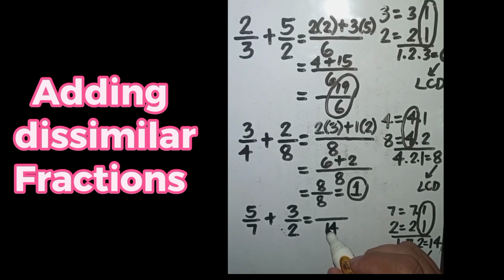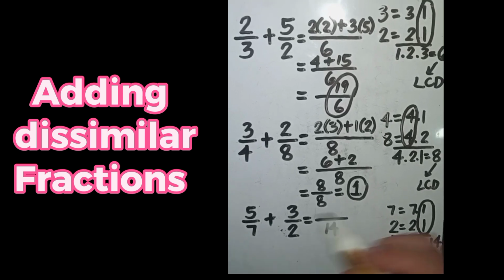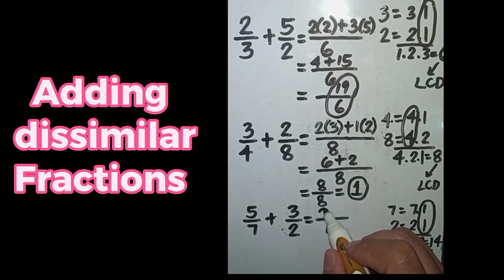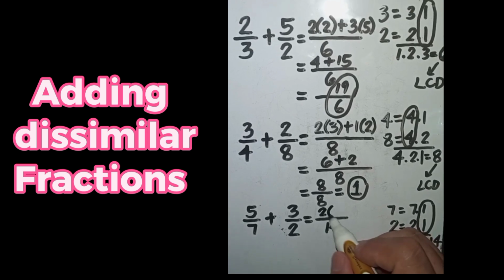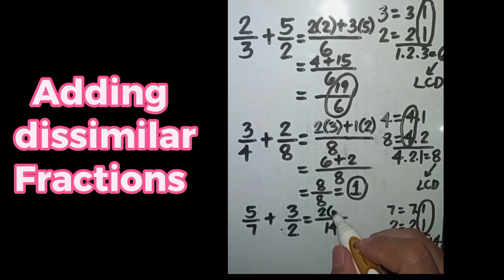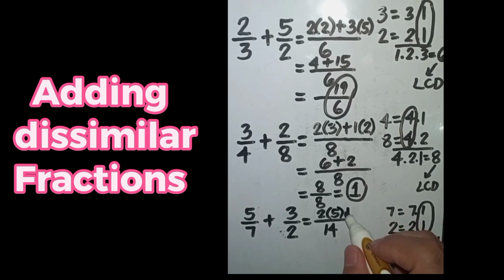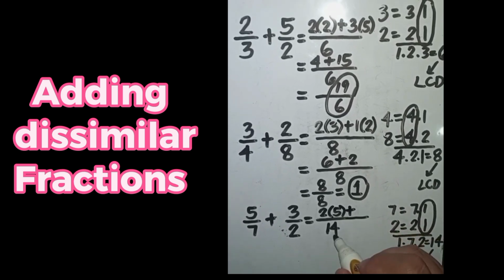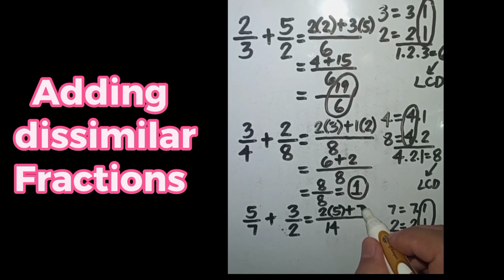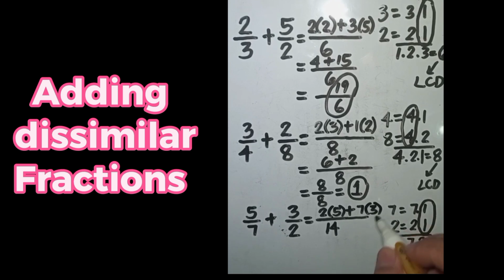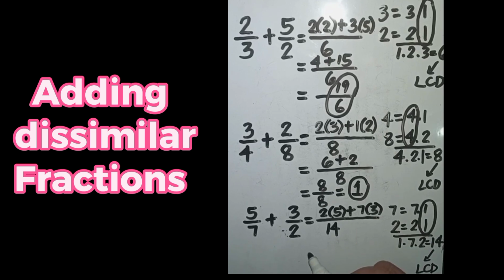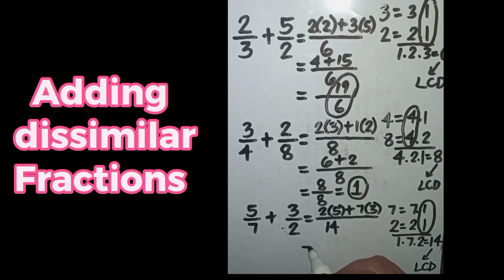So 14 divided by 7, that is 2, times the numerator 5, plus 14 divided by 2, that is equal to 7, times the numerator 3, all over 14. So simplify.